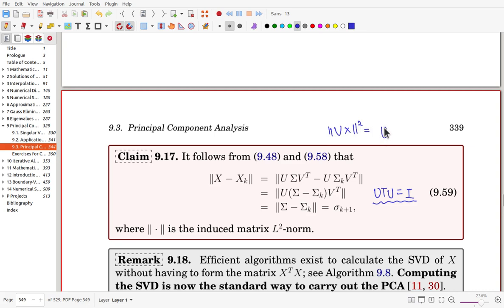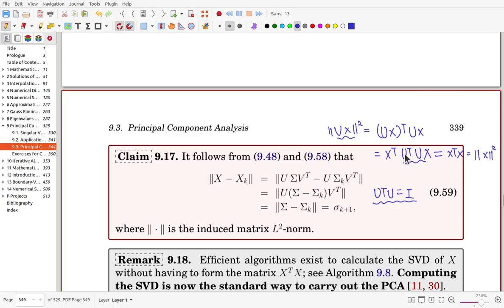That's the same as (UX) transpose UX, then the same as X transpose U transpose UX. This is identity, so that is X transpose X, which is the same as the norm of X squared.